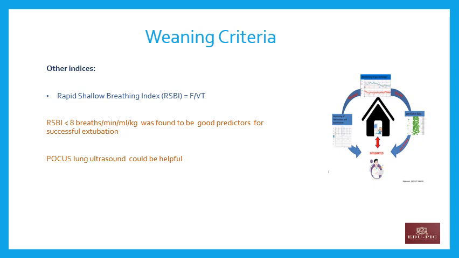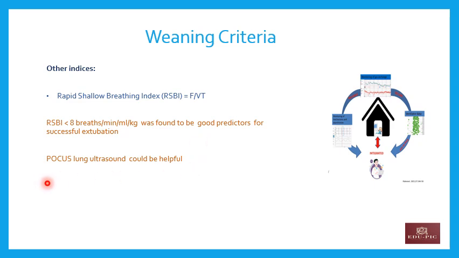In addition, there are newer indices to assess the patient against weaning criteria, such as the rapid shallow breathing index, which is the frequency, or respiratory rate, divided by the tidal volume. Some studies show that an RSBI of less than 8 breaths per minute per mL per kilo was found to be a good predictor for successful extubation.